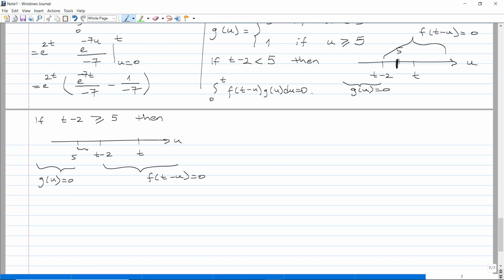So we only have this interval from 5 to t minus 2. So this integral is going to be the integral from 5 to t minus 2. In this interval, both f and g of u are 1, and f of t minus u is also 1.